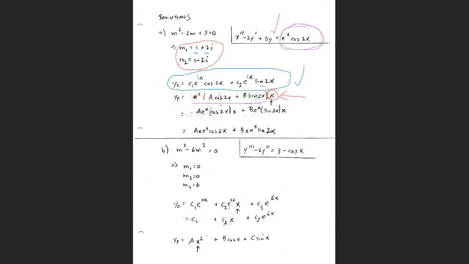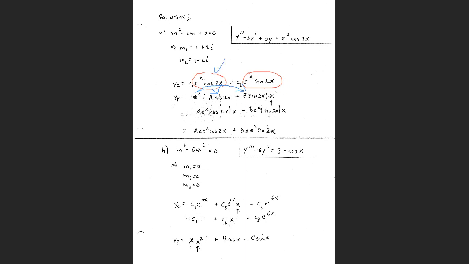That's right. So what happened was in the complementary function here, you have e to the x cosine of 2x and e to the x sine of 2x. Well, when you get your particular solution, if you distribute the e to the x to both of these trig functions, you're going to get those functions back.